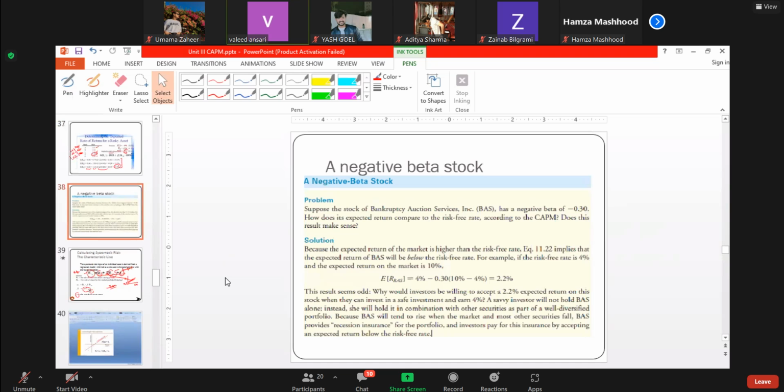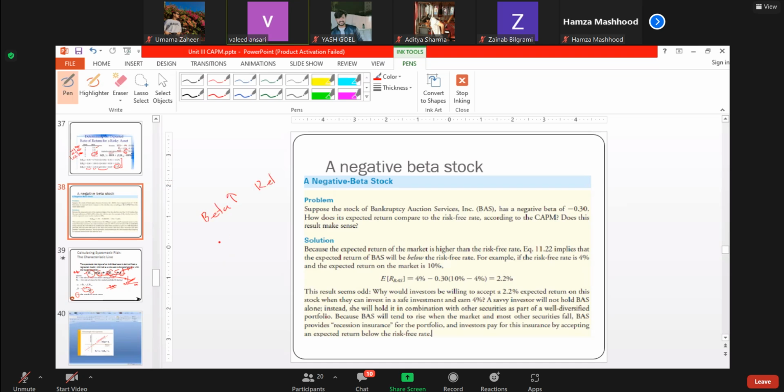For example, if a stock has got negative beta, let us keep this equation in view. What CAPM is saying is that, beta and return, higher the beta, more is the return.